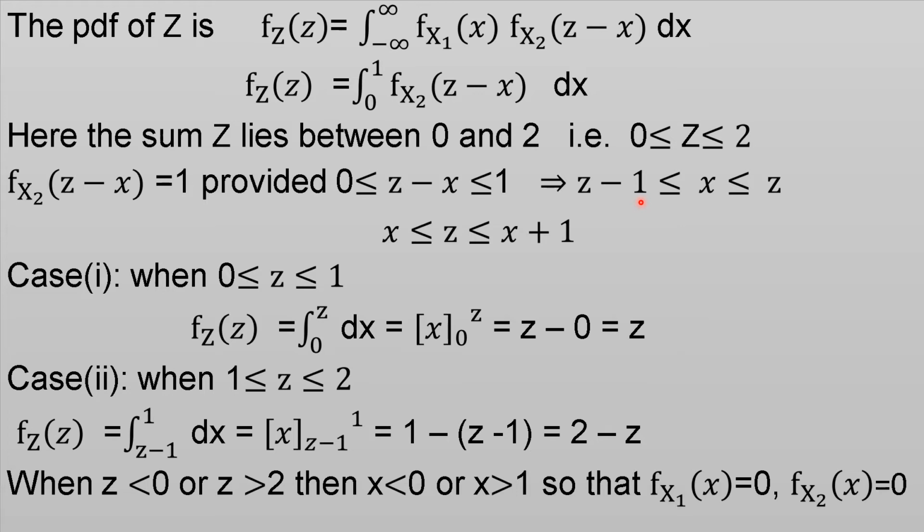So ignore those negative values, and start with the lower limit 0 itself because x is not negative. So the integral from 0 to z of 1 dx, and the integral of dx is x, evaluated as the difference between the upper limit z and the lower limit 0. So it will be z minus 0, which equals z.